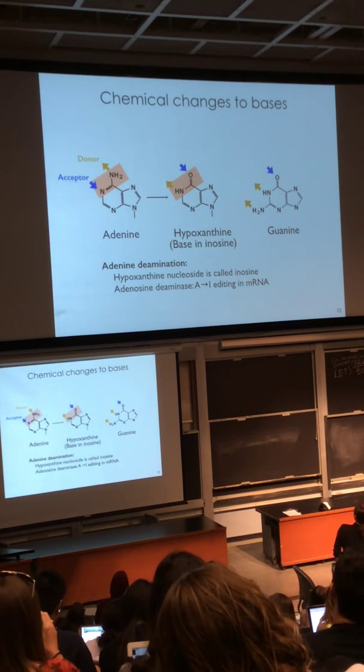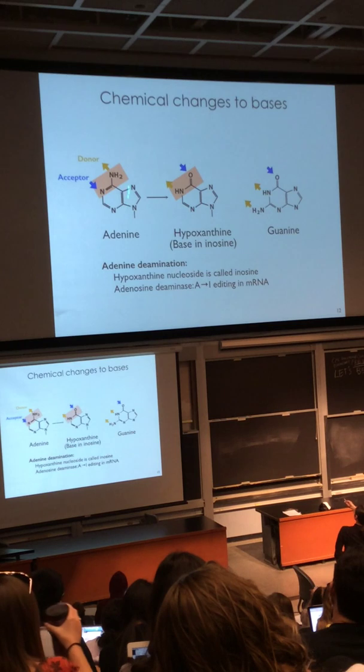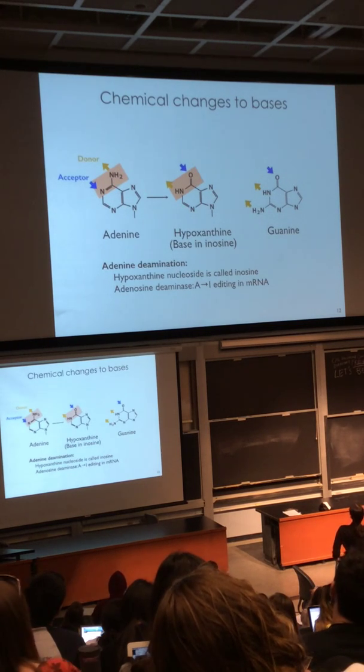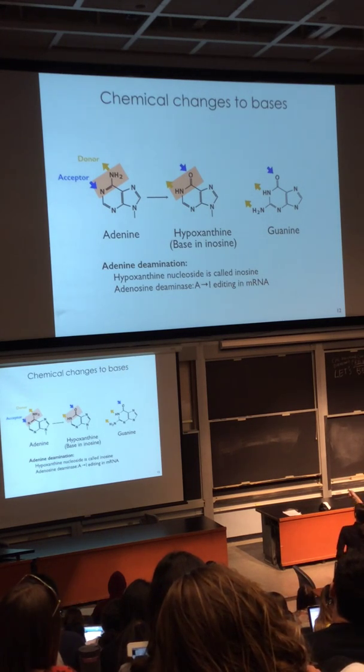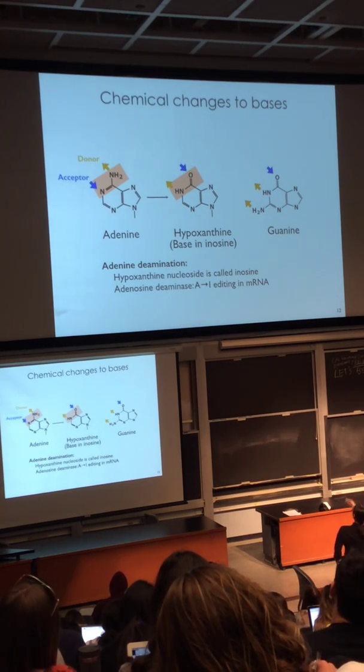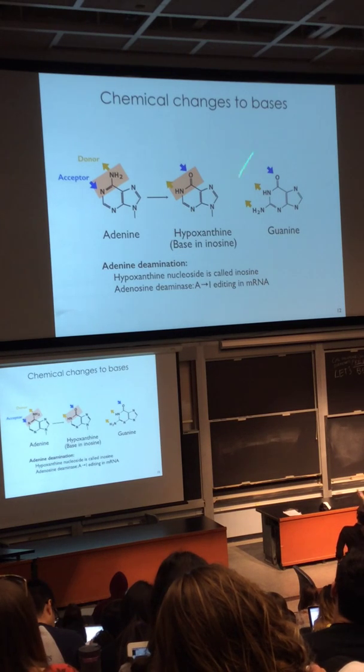But the important point here is that the deamination from adenine to hypoxanthine changes the pattern of hydrogen bond donors and acceptors on the base pairing region of adenine. What you can see is that the pattern here is more similar to the pattern on guanine, where in this position you have a hydrogen bond acceptor, like on guanine.